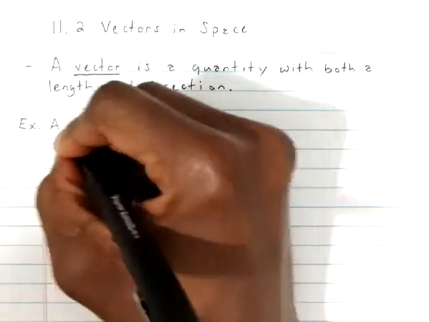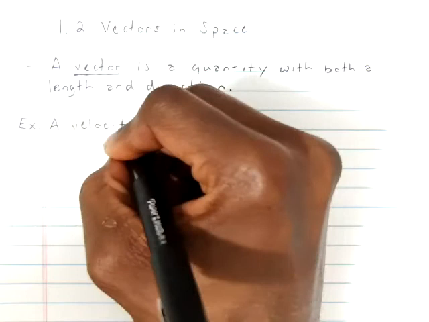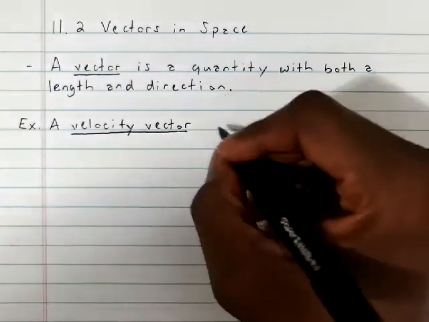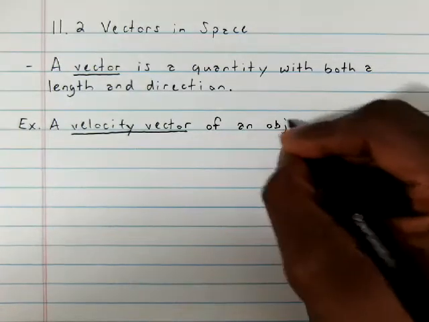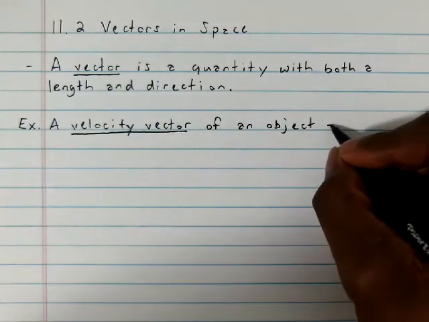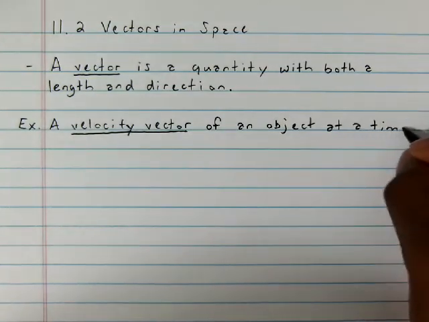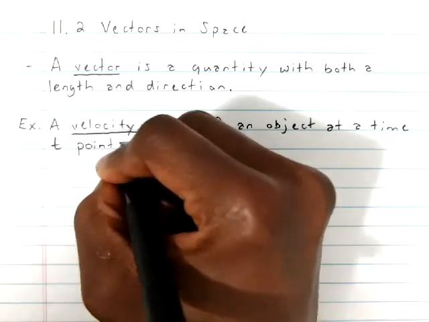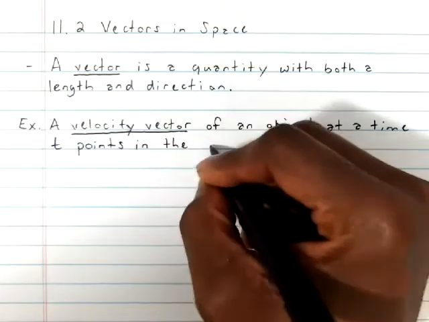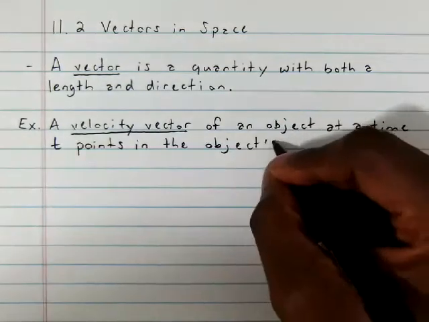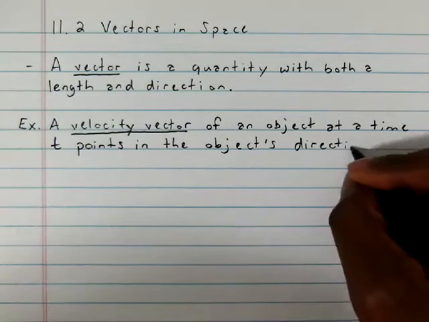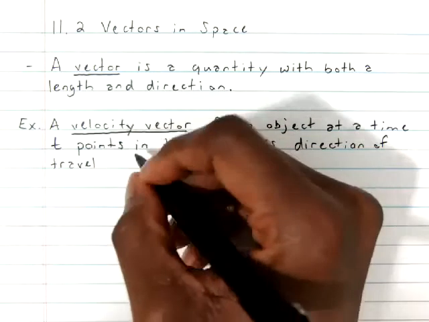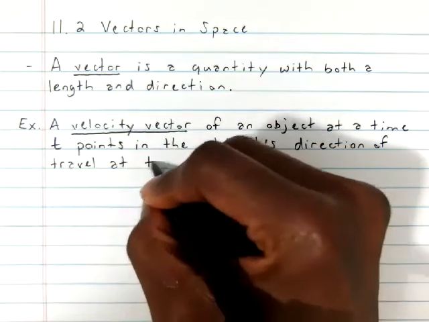So a velocity vector of an object at a time t points in the object's direction of travel at time t.